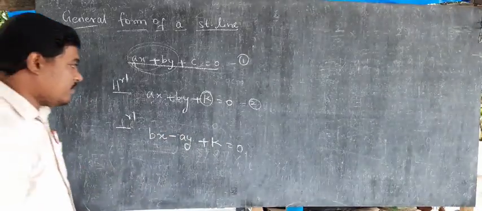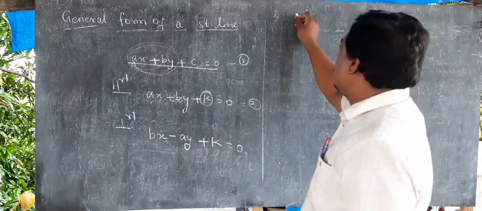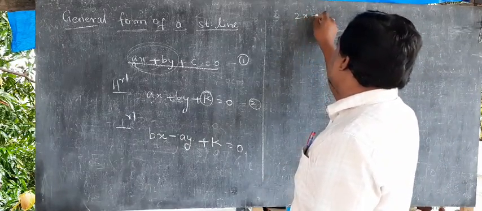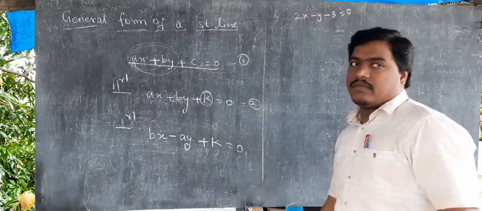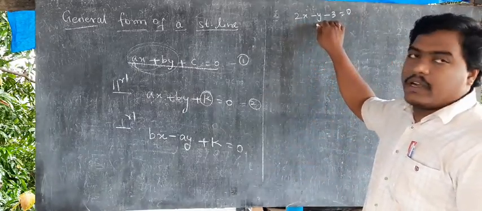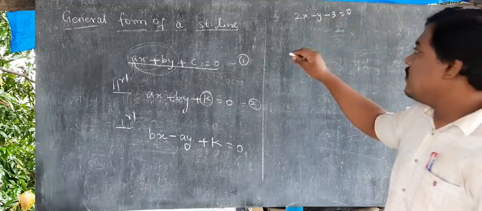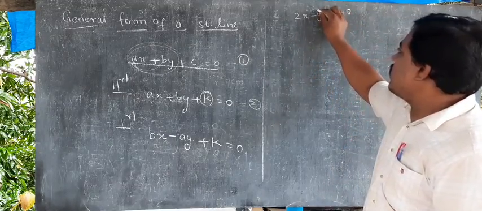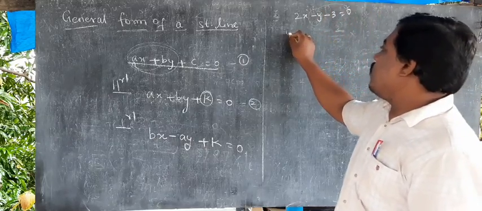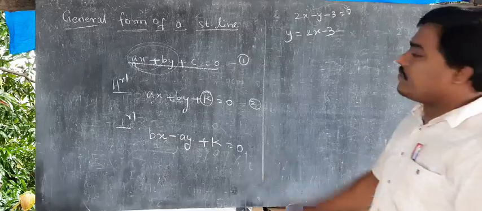For example, take 2x minus y minus 3 equal to 0. I take one number, 2x minus y minus 3 equal to 0. Now I take this y to this side: y equal to 2x minus 3.